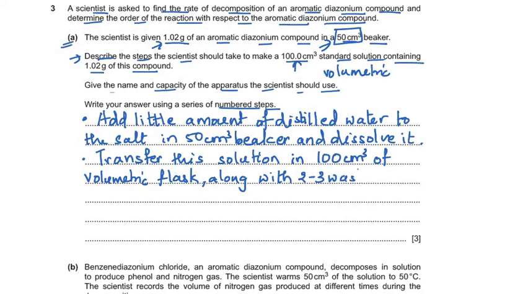It means that after transferring the dissolved solution to the volumetric flask, we wash the beaker 2 to 3 times with a very small amount of distilled water, and those washings we also transfer into the volumetric flask. So here is the second step.